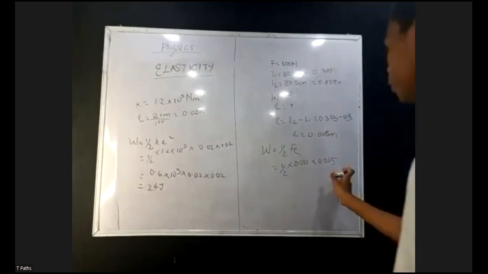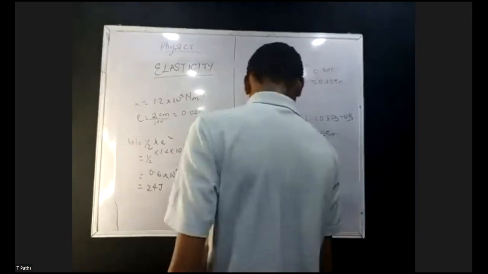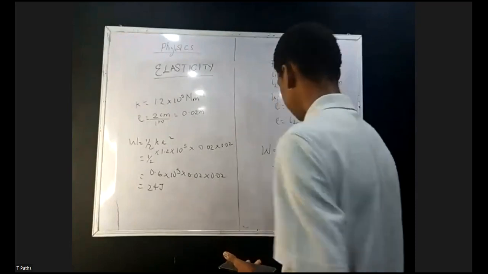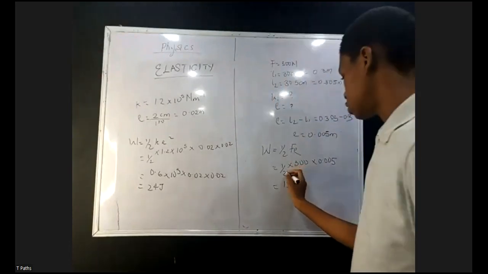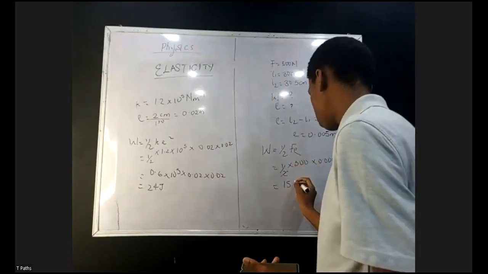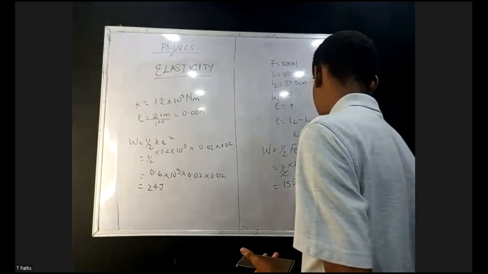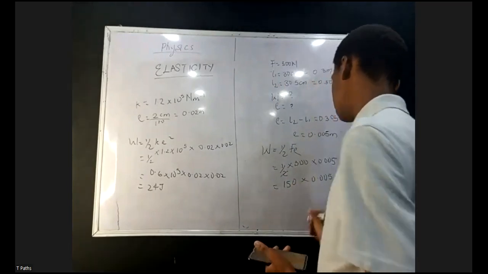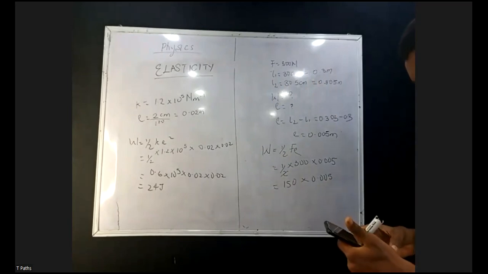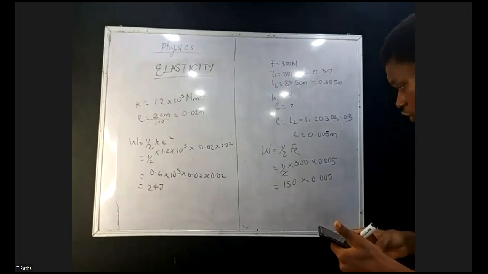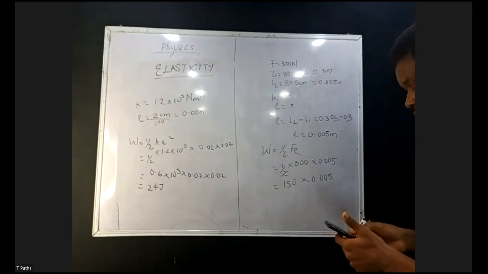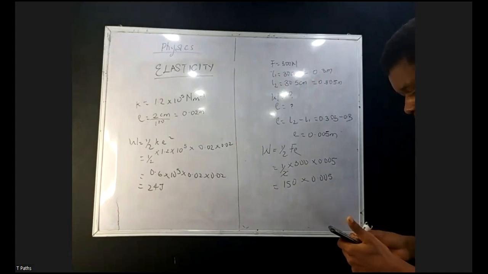So from here, this will become 150, if I divide 300 by 2. Then 150 times 0.005. So I'm going to multiply 150 by 0.005.